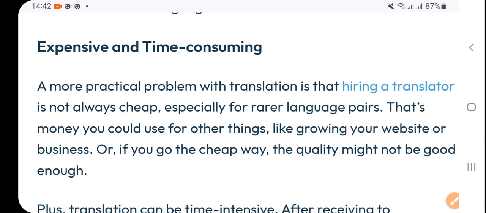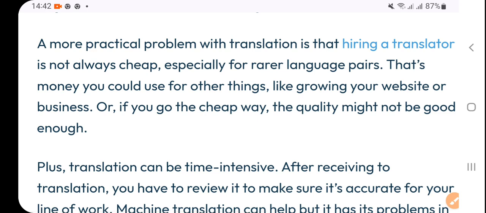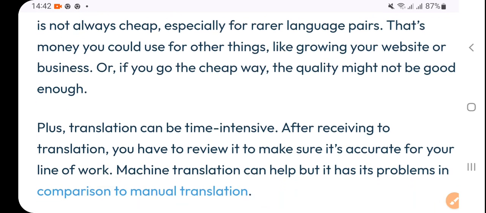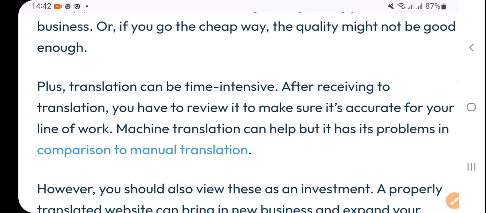Now, expensive and time consuming. A more practical problem with translation is that hiring a translator is not always cheap, especially for rare language pairs. That is money you could use for other things like growing your website or business, or if you go the cheap way, the quality might not be good enough.